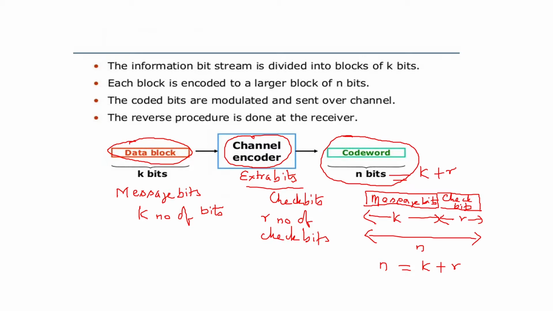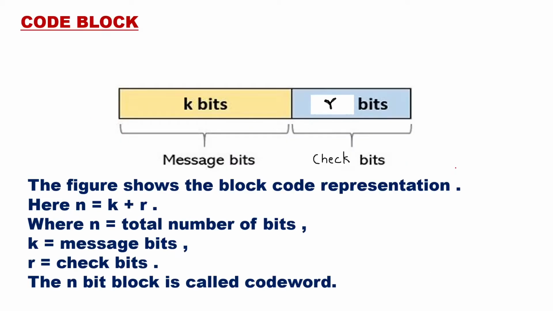Now, these coded bits are modulated and sent over a channel. And after you receive it at the receiver, the reverse process is done. Now, how this code word looks, you will see. Here again, I have shown what a code word will look like. These are your n bits, total n bits.